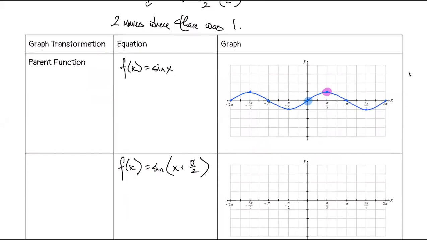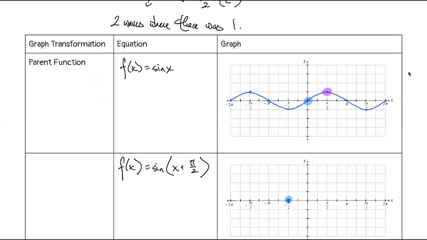So if I move the blue point to the left pi over 2, it's right here. Good thing we're already counting with pi's. We can literally count pi over 2.